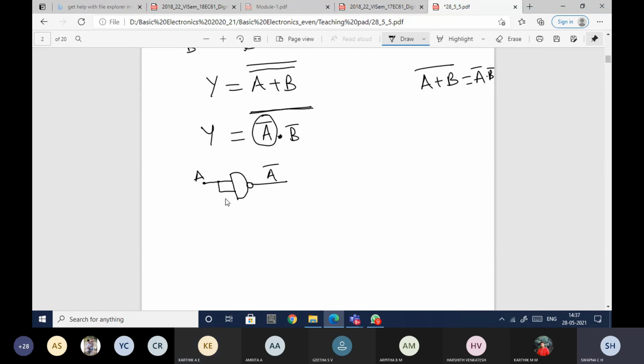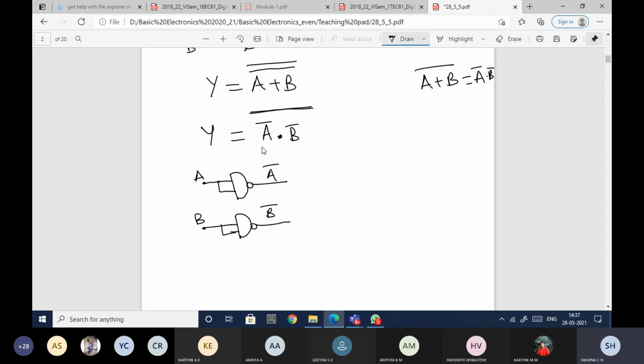Yes, ma'am. In the same way, B bar I need to get. Give it to the NAND gate so that I'll get B bar. Yes?